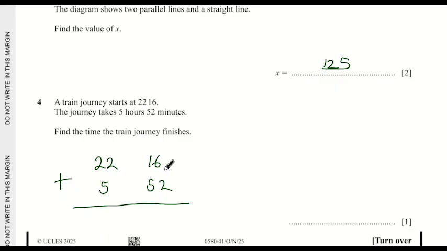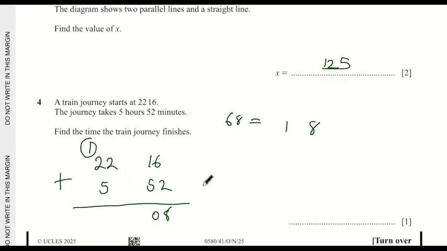If you add 16 to 52, that will give you 68. And 68 equals 1 hour 8 minutes. So we're going to write 8 minutes here and carry along, we keep the 1 hour here. So 1 plus 22, that's 23. 23 plus 5, that's 28.